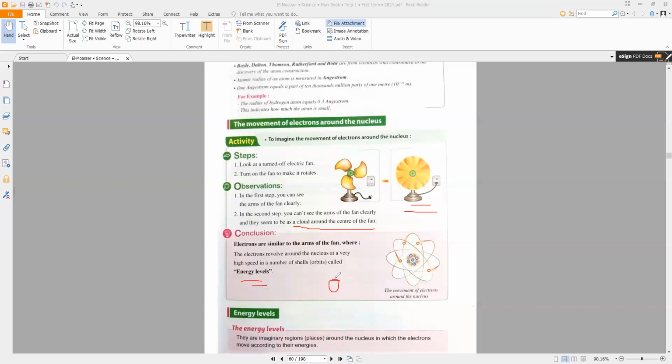So this is the nucleus, and these are the energy levels around the nucleus. In these energy levels, there are the electrons.